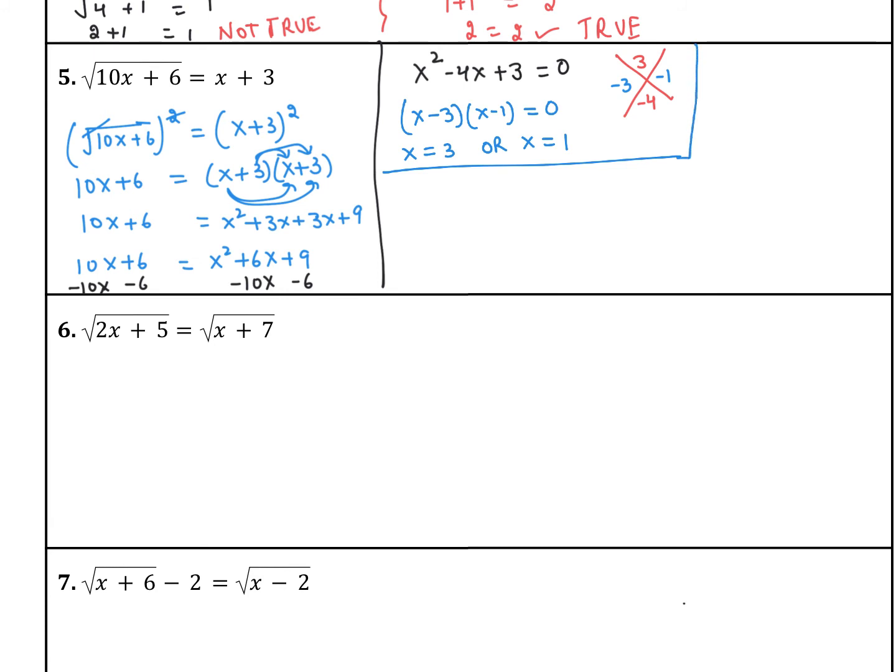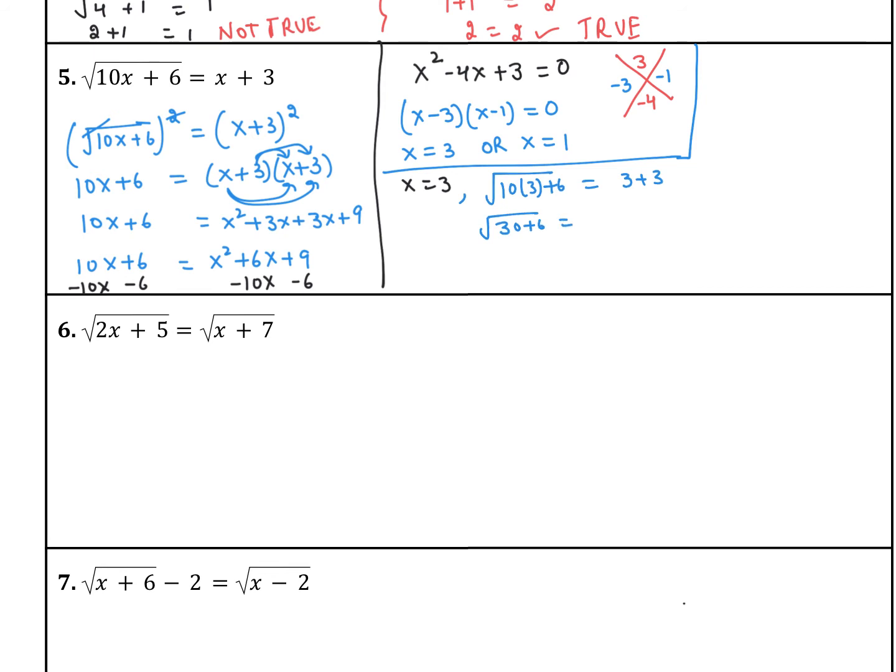First thing you're going to do is check x equals 3 by plugging it into the given equation. So this one is the given equation. I'm going to use that. And we have here 10 times 3 plus 6, and that is the square root of 3 plus 3 on the other side. This one is 30 plus 6.